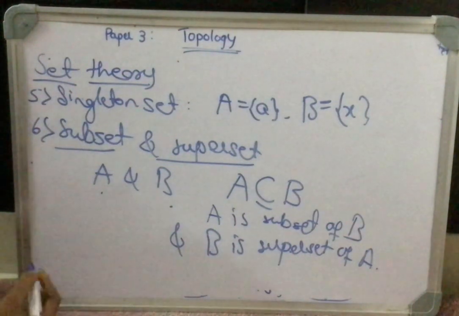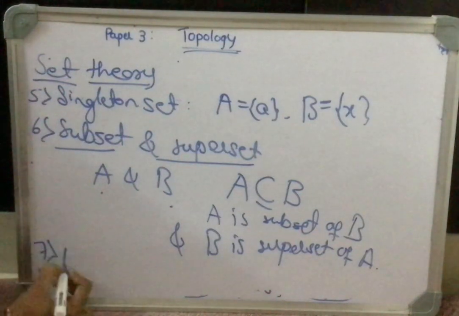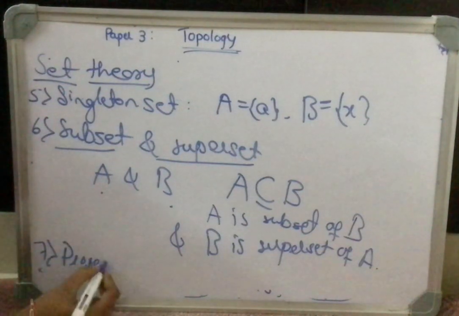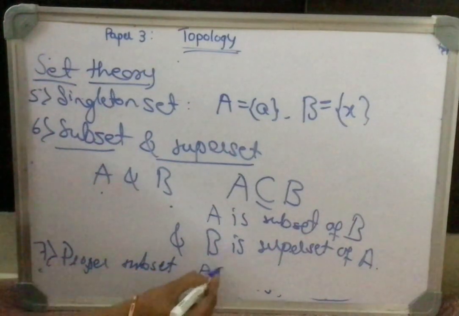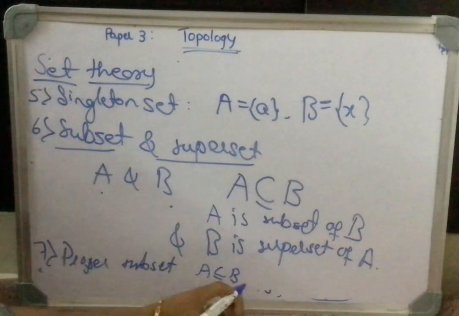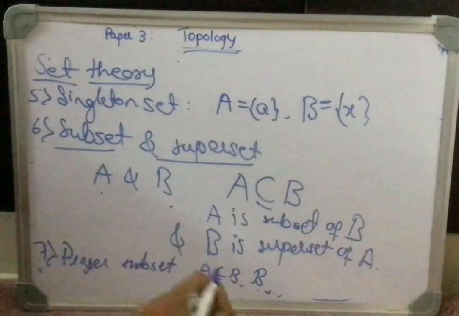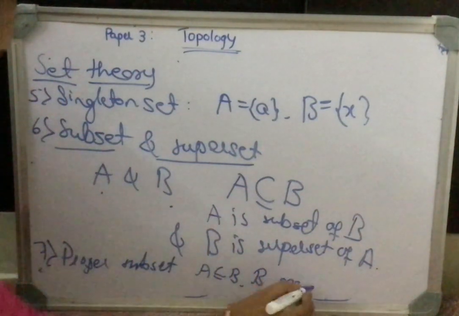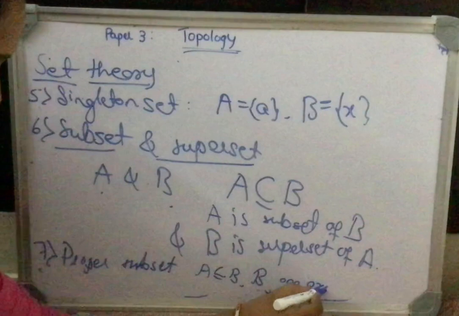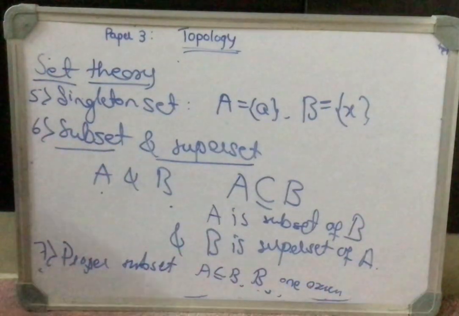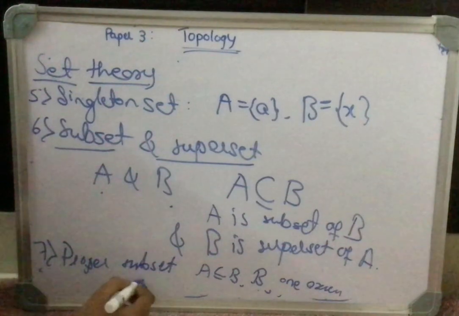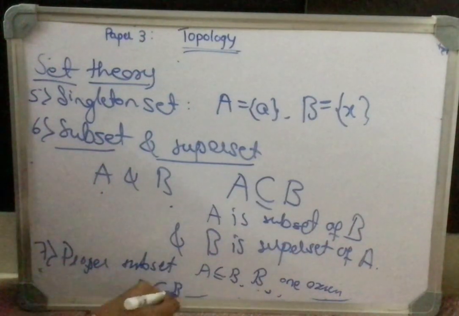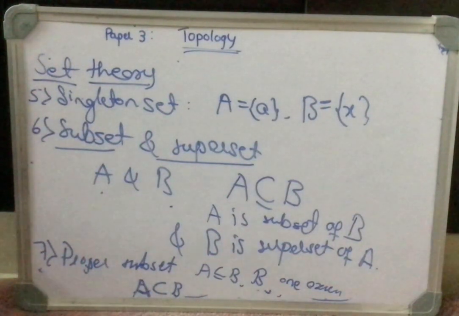Next is proper subset. If A is a subset of B and B contains at least one excess element than A, then A is called a proper subset of B. Now we'll see an example for subset and proper subset.